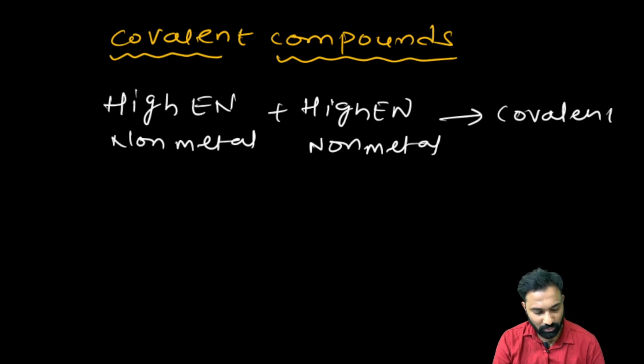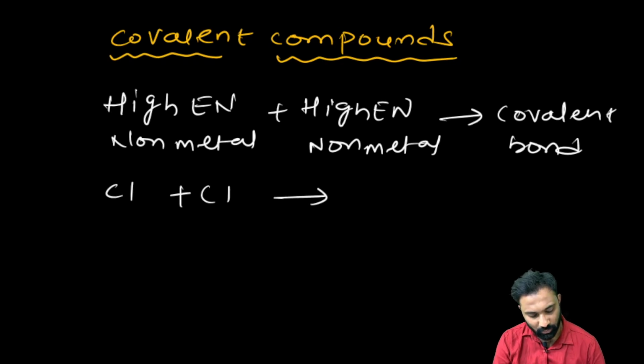Leads to give which bond? Covalent bond. Right? Example, Cl and another Cl. Now mutually they will overlap, leading to one covalent bond. Now the bond between them, it is which bond? Covalent bond.